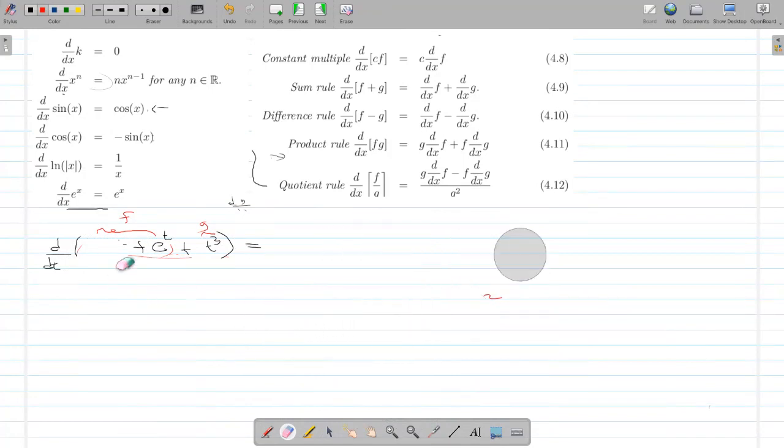Okay, it doesn't matter how many functions you have, this works for the difference rule also, and you can change the order here.